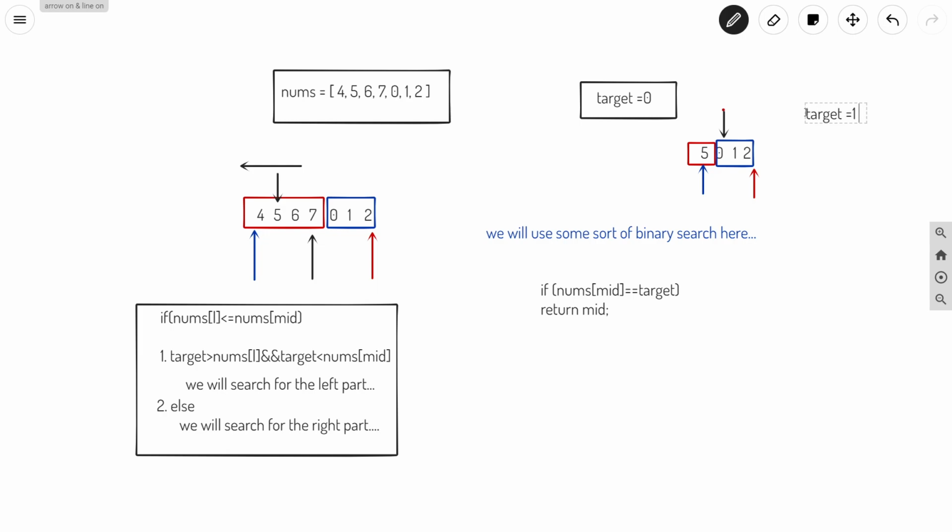You can see that the target is smaller than R and the target is greater than mid.